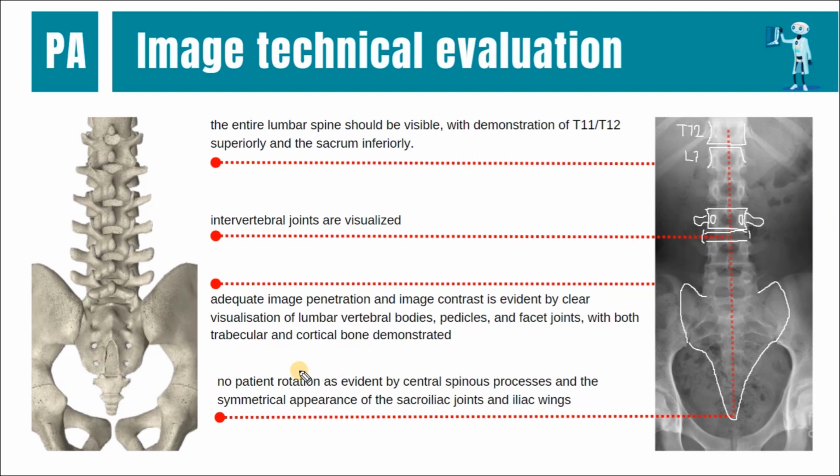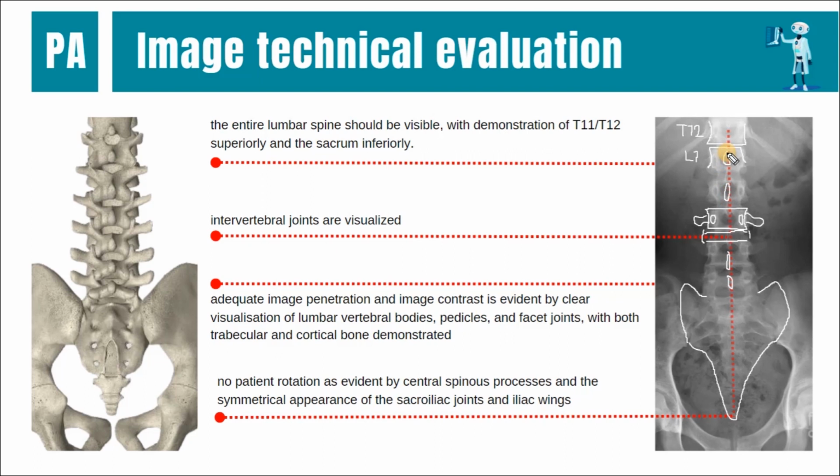There should be no patient rotation, as evidenced by centered spinous processes and the symmetric appearance of the sacroiliac joints and iliac wings. If you want to evaluate that the patient has no rotation, the spinous processes should be in the midline.